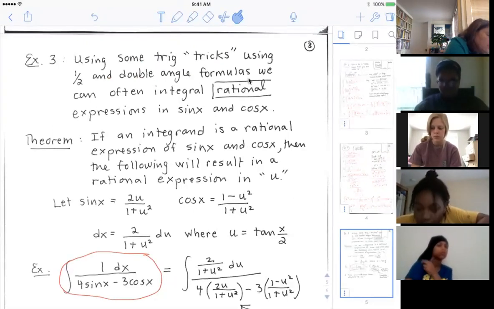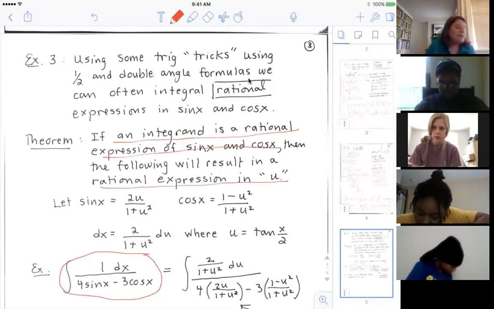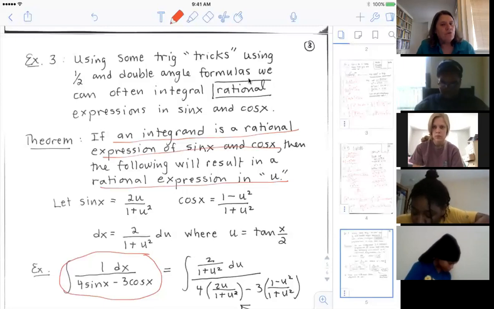And here are the funky substitutions. If an integrand is a rational expression in sine and cosine, the following will result in a rational expression in u. In other words, instead of having a sine and a cosine in it, it has just u's, just single variables, which we know how to deal with, and we'll look at that.